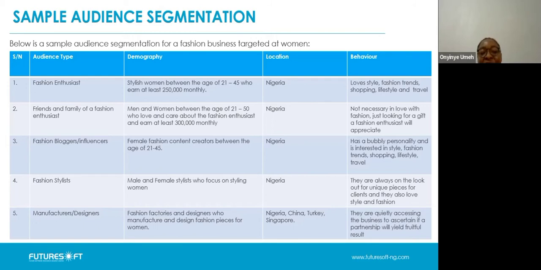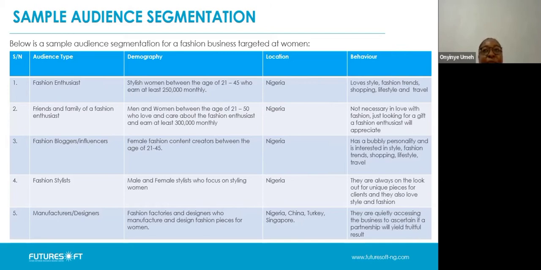Then there are friends and family of people who love and care about the fashion enthusiast. So say for instance, I am not a fashion person, but I have a friend or a sister who loves fashion. I would be a target audience for a fashion brand if I was looking to buy a gift for a friend or recommend something for somebody who is a fashion person.